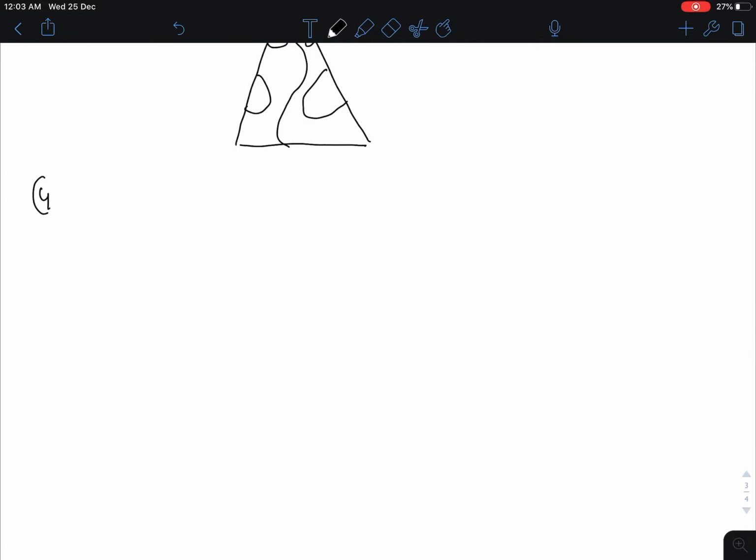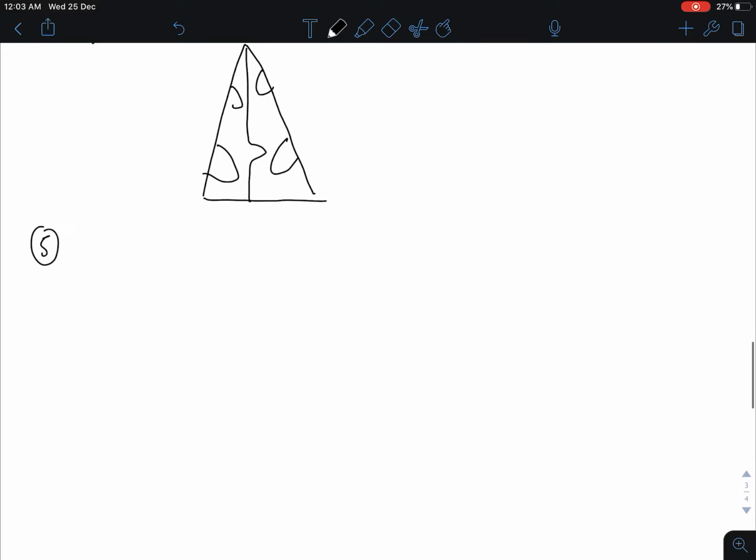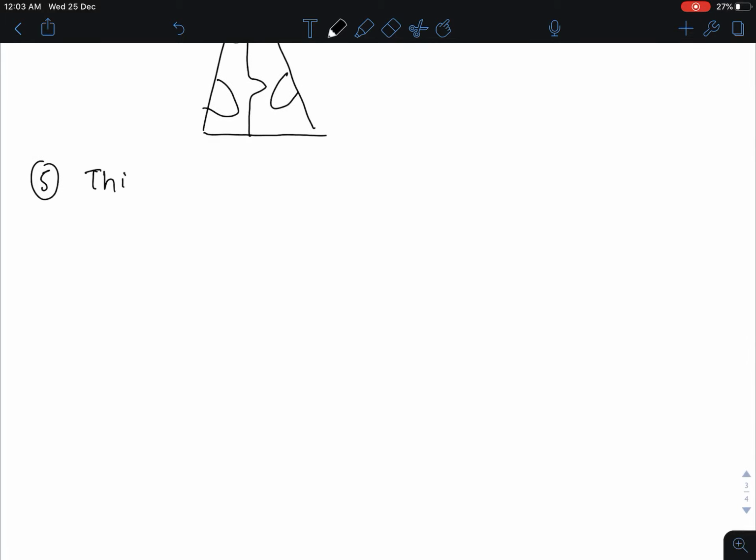Now the fourth type is the spurs. The last type is the thickening of nasal septum.